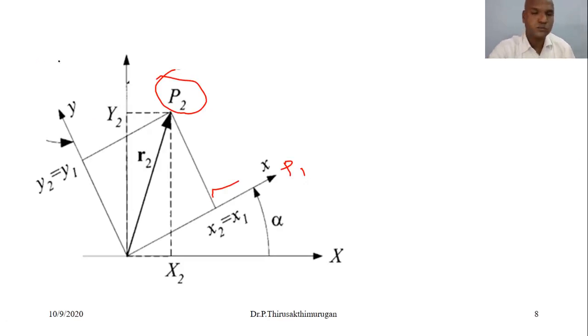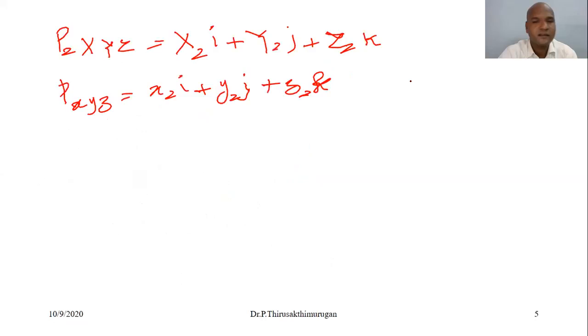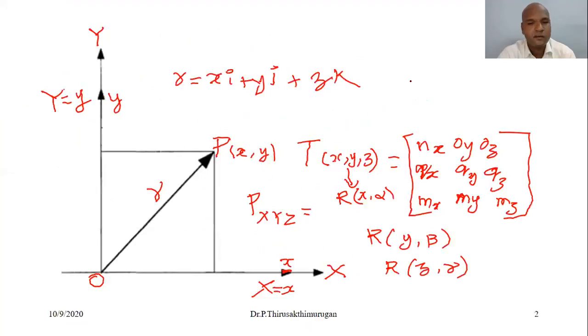For P2, capital X2, when it transforms from P1 to P2, X2 is represented by I times R2, where I is the unit vector.